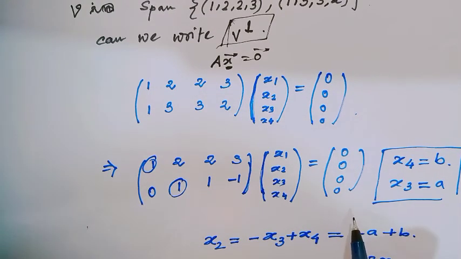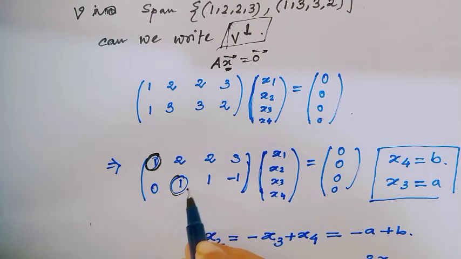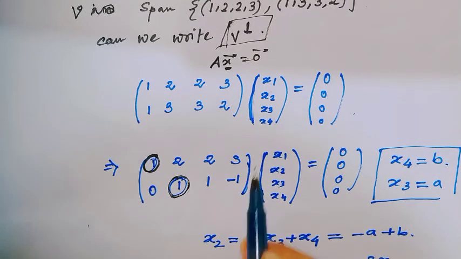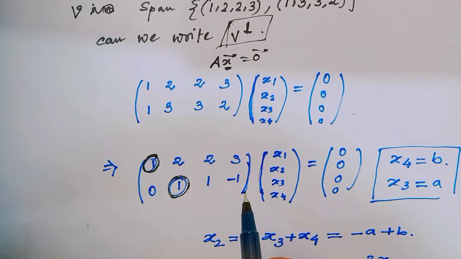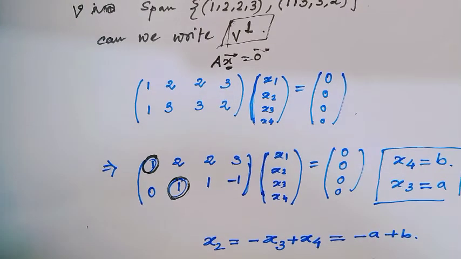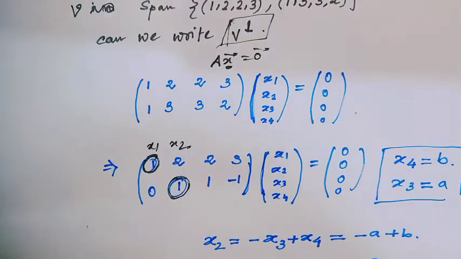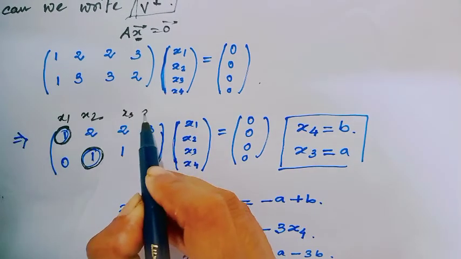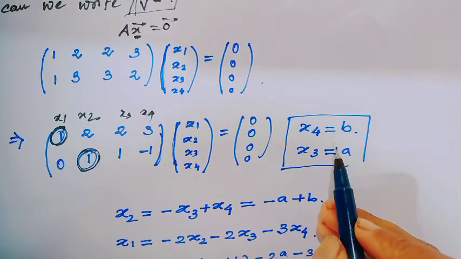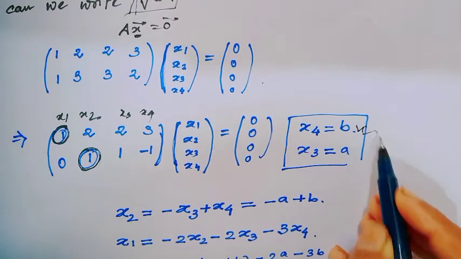And notice these are the pivots of this matrix. That means since x1 and x2 are pivots and x3 and x4 are free variables, consider x4 equal to b and x3 equal to a.